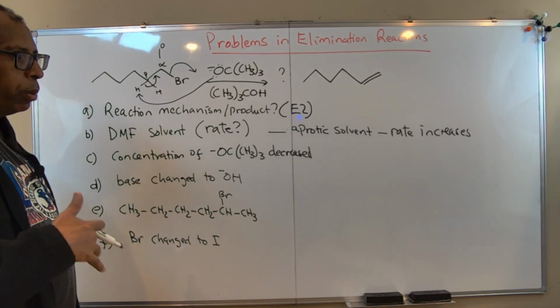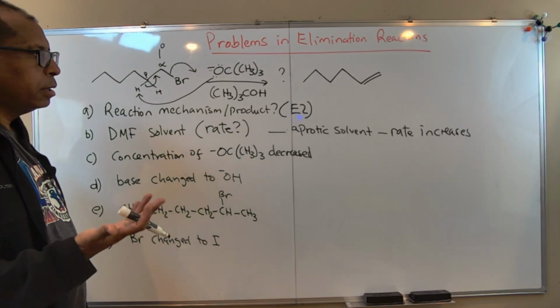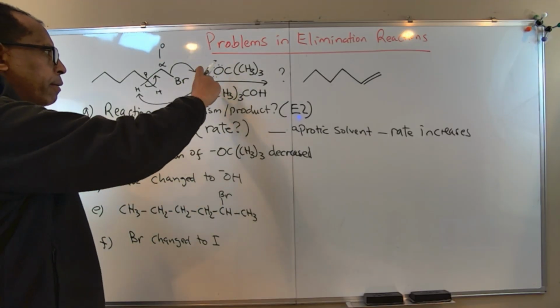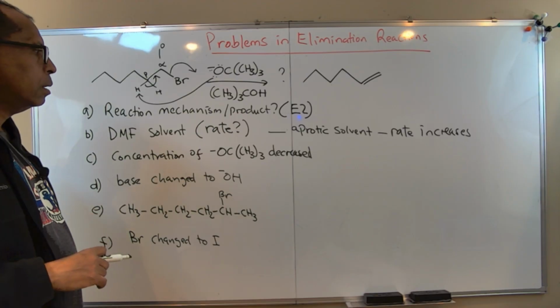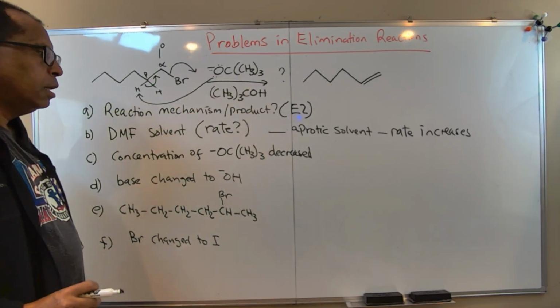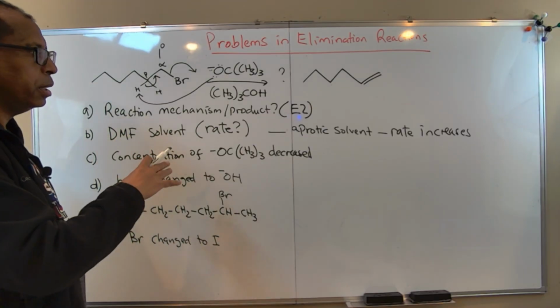So now we are also learning what the conditions for the mechanism are. E2 requires a strong base. Obviously, we have tertiary butoxide, a strong, bulky base. But now we had tertiary butanol given. If you change that, the rate of the reaction would be increasing.